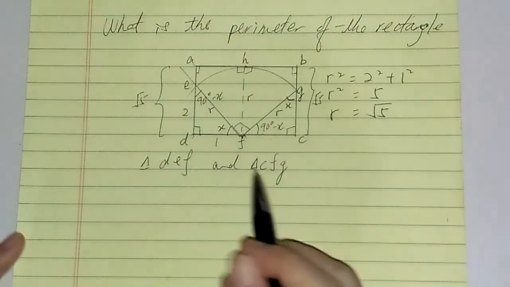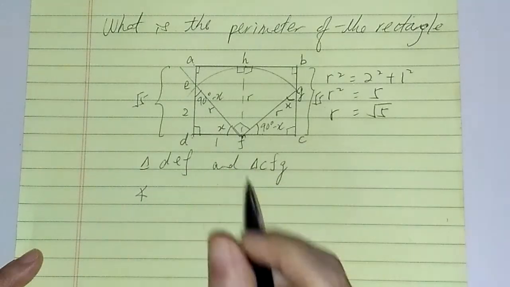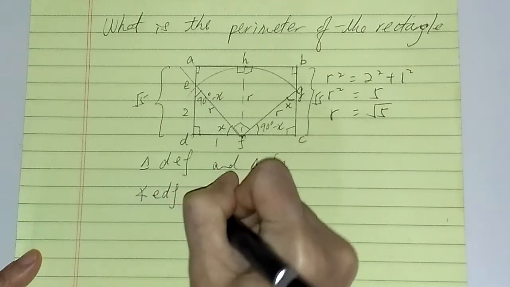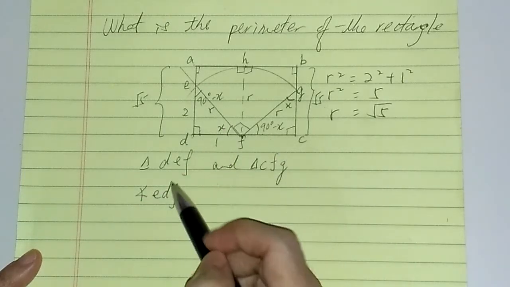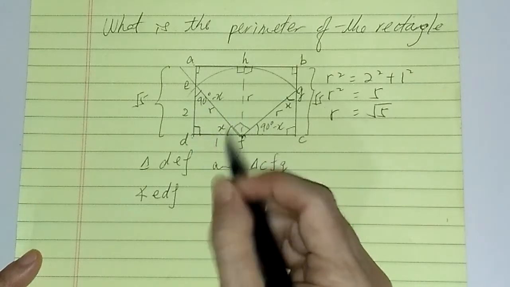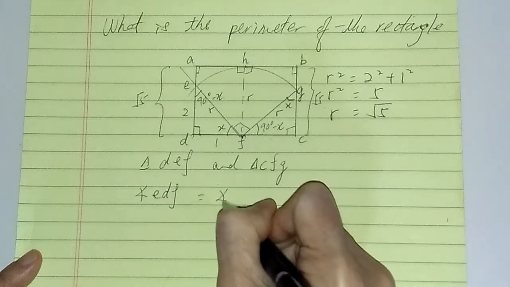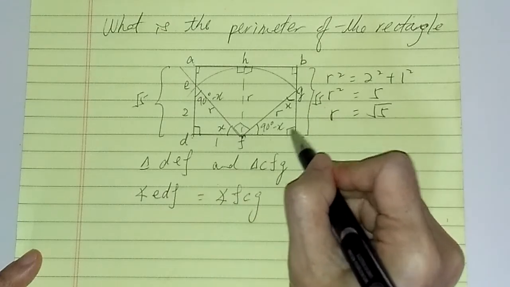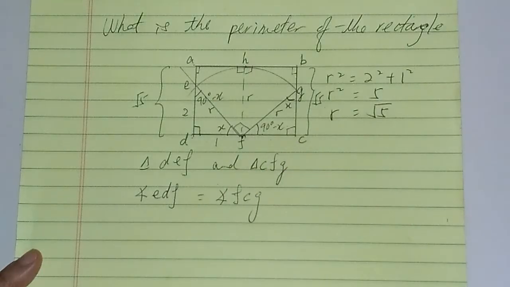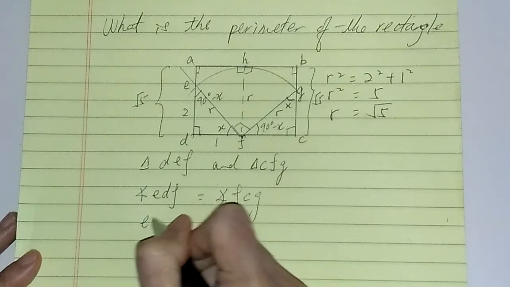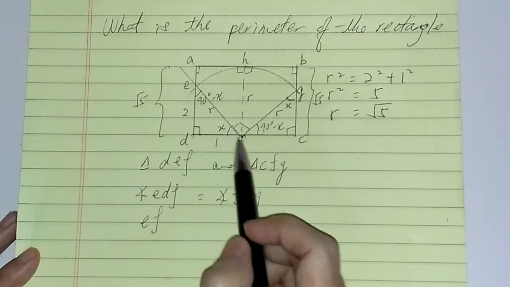Angle EDF is equal to angle FCG, both are 90 degrees. Then look at the length EF.